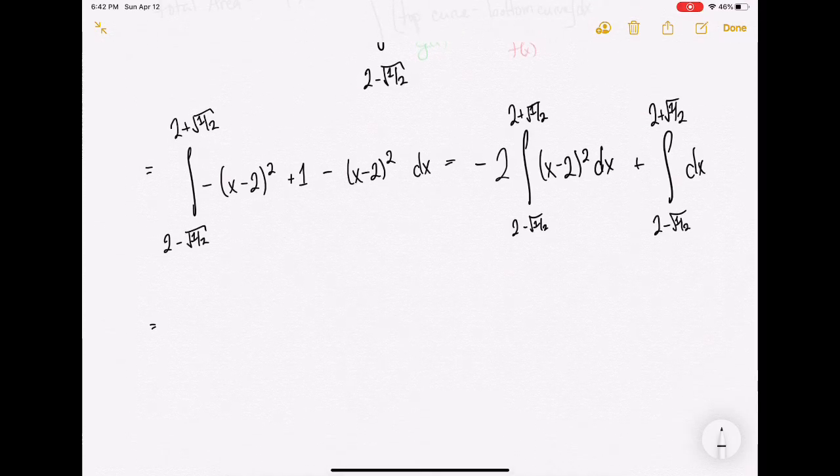And so this would become negative (x minus 2) cubed over 3. If we use u substitution, that's definitely what it ends up being. So go ahead and work that through if you don't quite know how. And this is just x.